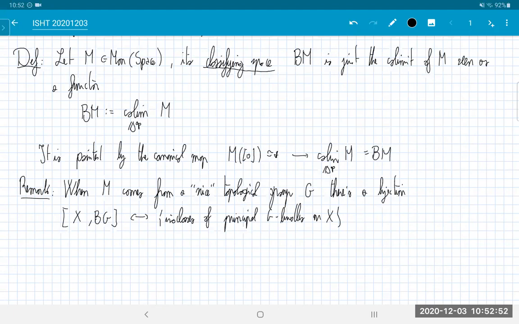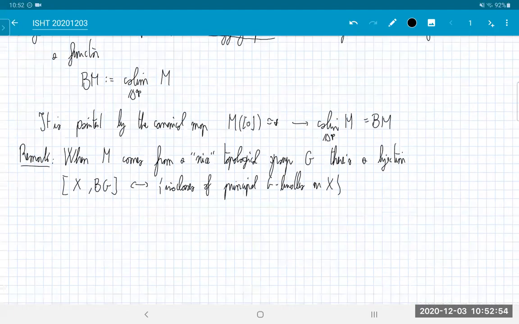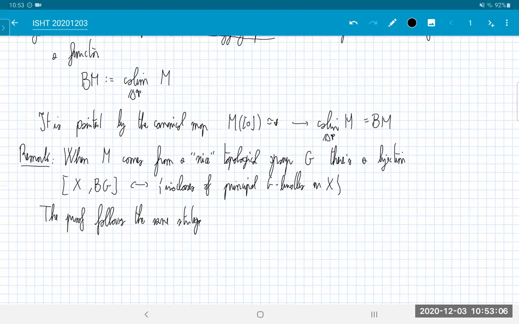It's just to tell you where the name comes from. And actually the proof follows the same strategy as exercise 2 in the last exercise sheet.